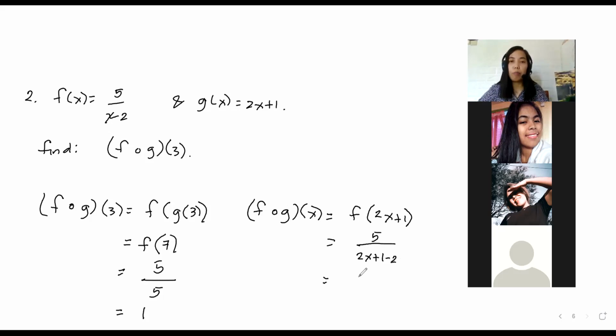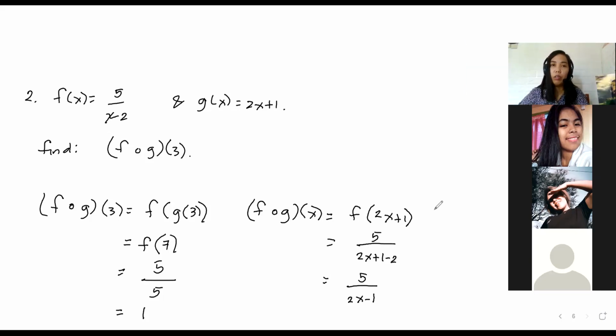So you will have 5 over 2x minus 1. And the value of x, class, is 3. So you will have 3 times 2, 6, minus 1, 5. So 5 divided by 5, still the answer is 1. Is that clear?